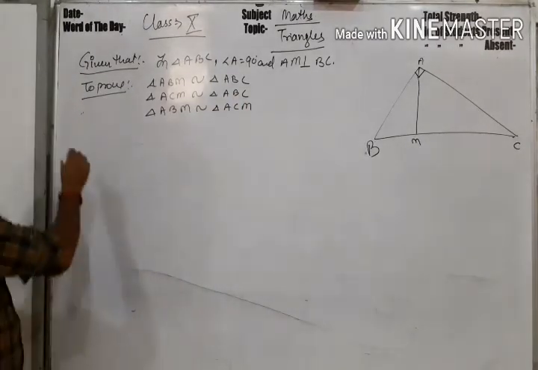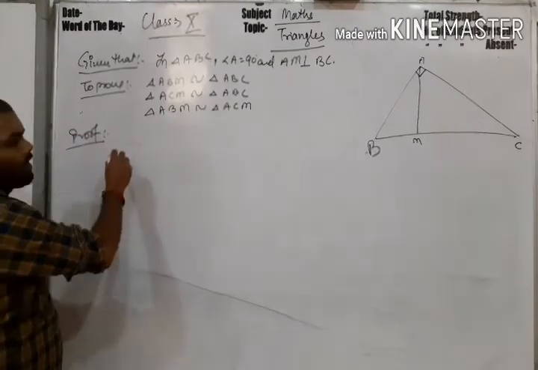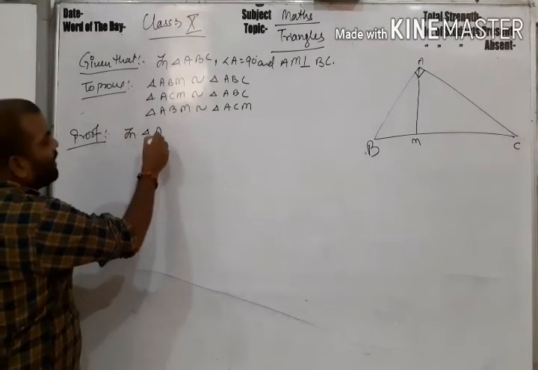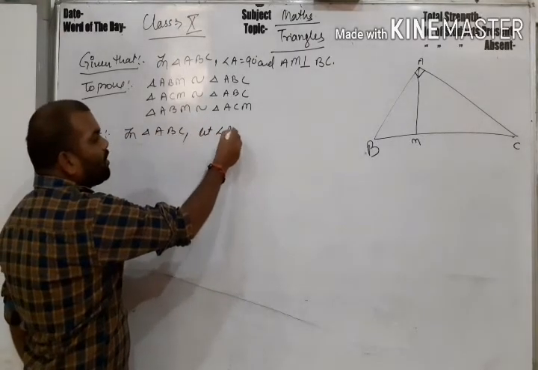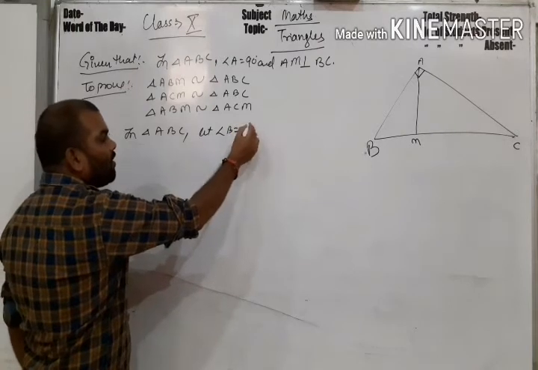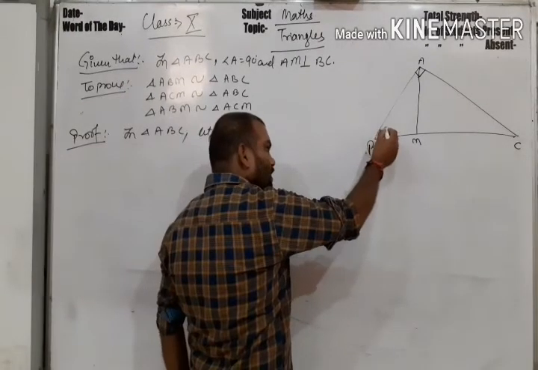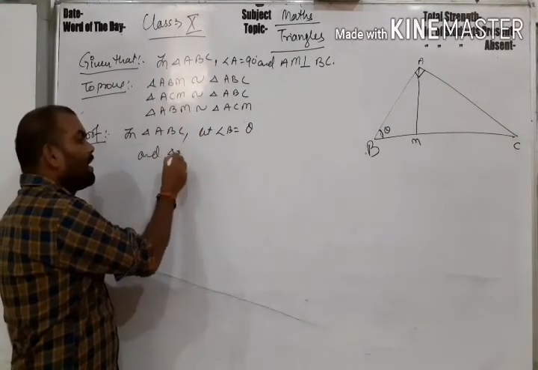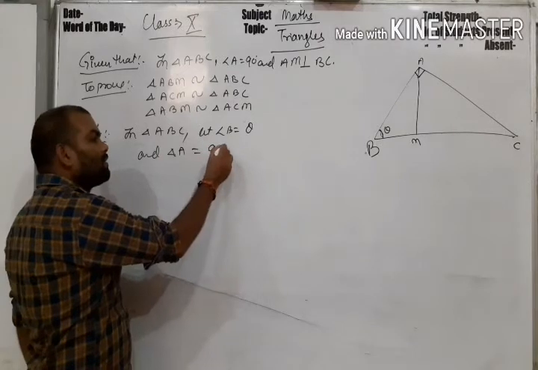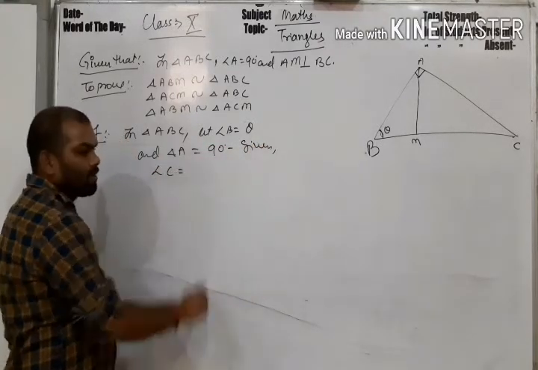Okay, now let us prove that. In triangle ABC, let angle B be theta degree. Okay, this angle we are taking as theta, and angle A is equal to 90 degree. This is given. So what about angle C?